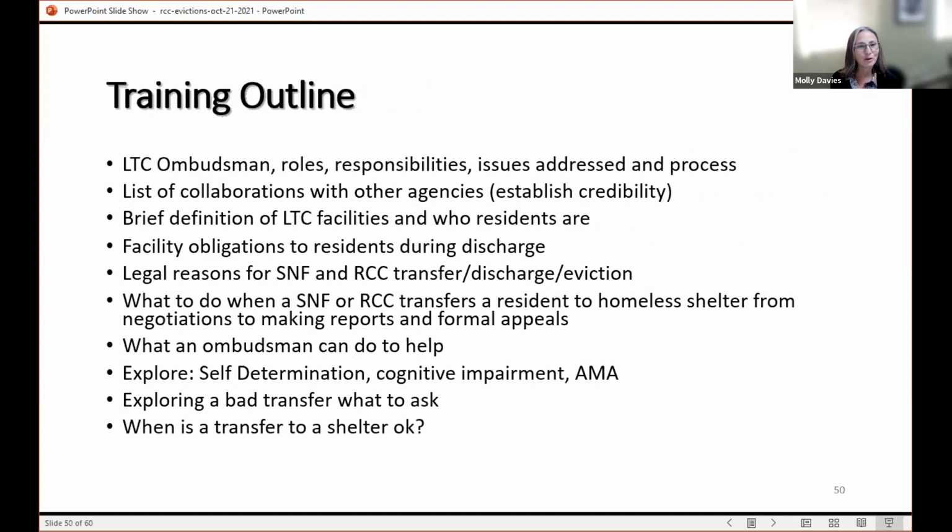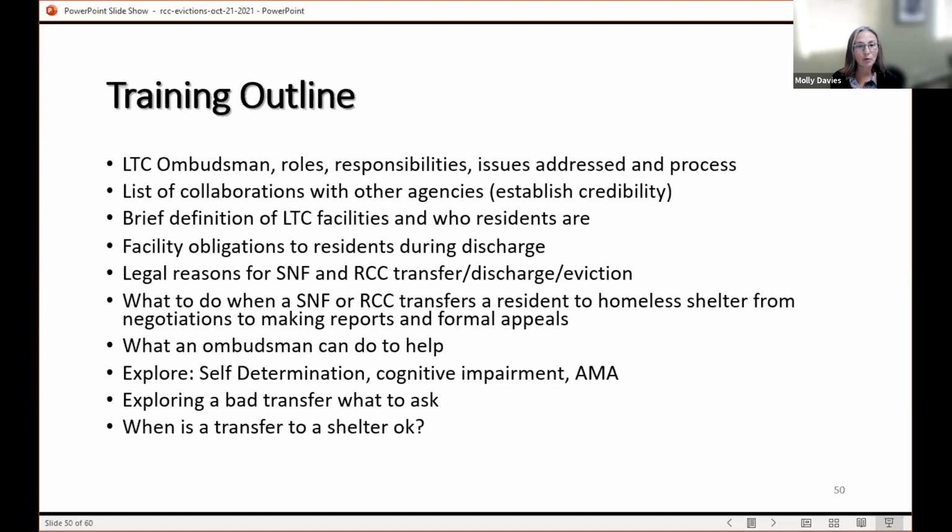So I'm going to give you just a brief training outline. We went over the long-term care ombudsman roles, responsibilities, issues addressed, and process, so that they had an understanding of what to expect when working with us, talking about consent and confidentiality and all of those things, so there's no surprises.